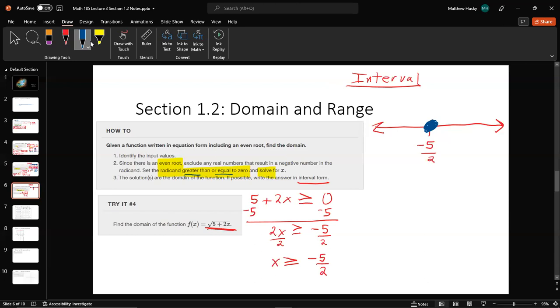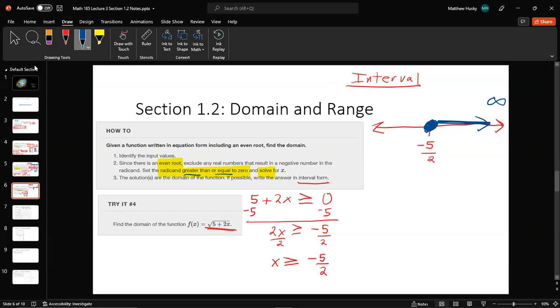And then it's greater, which means I can be any number that's bigger than that, so basically anything over here to the right. And if you go to the right forever, that is infinity.